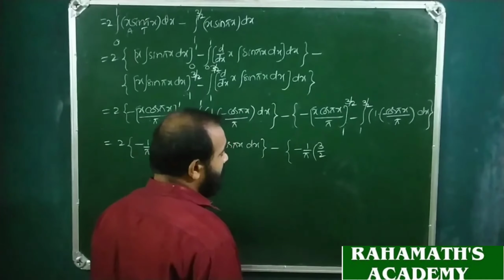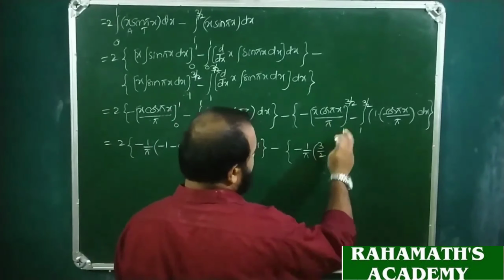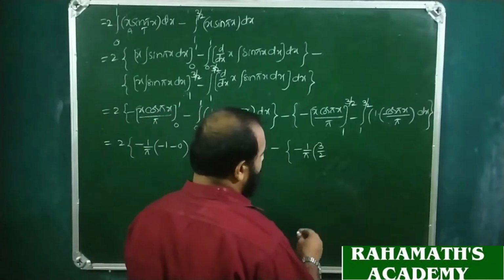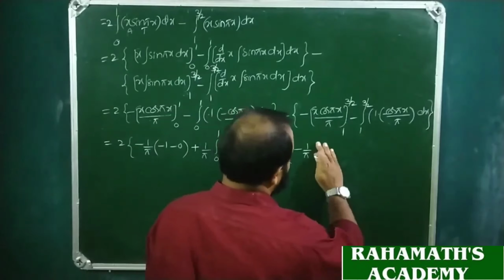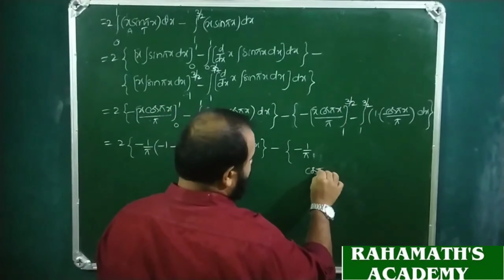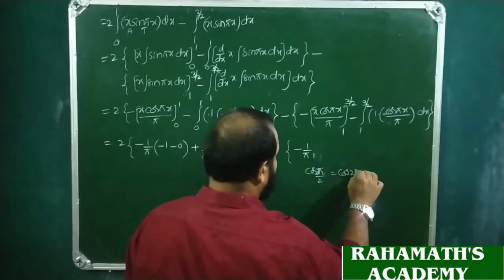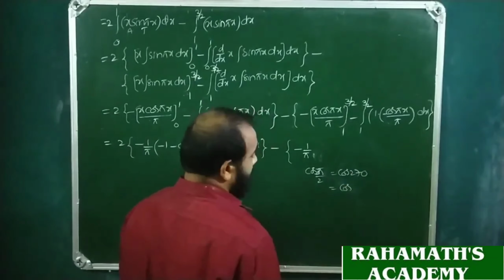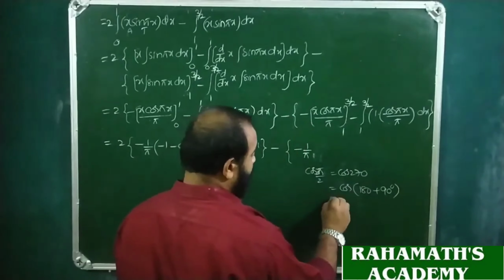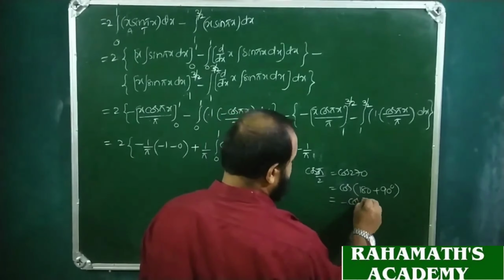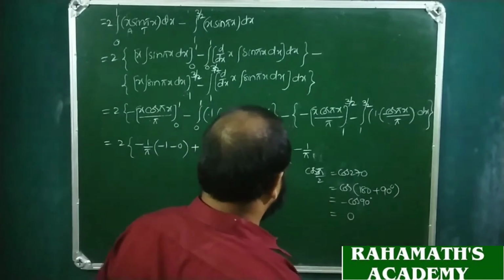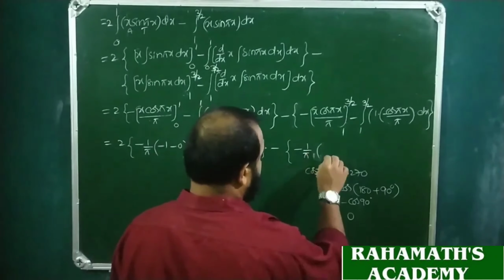Cos 3 pi by 2 is cos 270, cos 180 plus 90, which quadrant? The third quadrant, where cos is negative, minus cos 90. Cos 90 value is how much? 0.